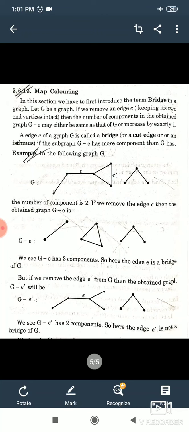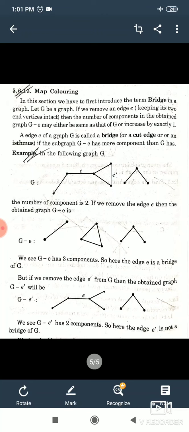Now from this example, G is a graph, and the number of components is 2. If we remove the edge E, we see the graph G minus E has 3 components. But if we delete the edge E', we see that the graph still has 2 components.